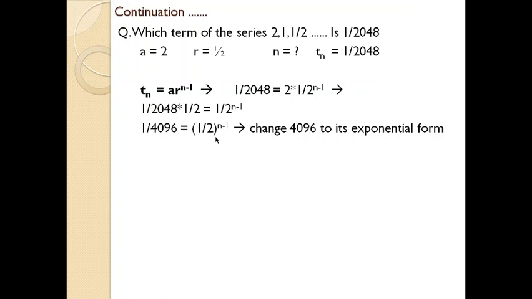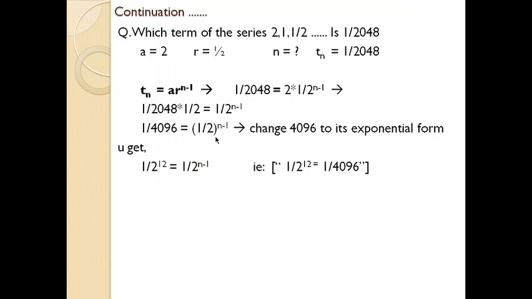Just like that, you need to find the exponential form of 4096. By mathematical computation methods, you will get 1 by 2 raised to 12. Here 4096 is 2 raised to 12, where if we multiply 2 twelve times, you will get 4096.